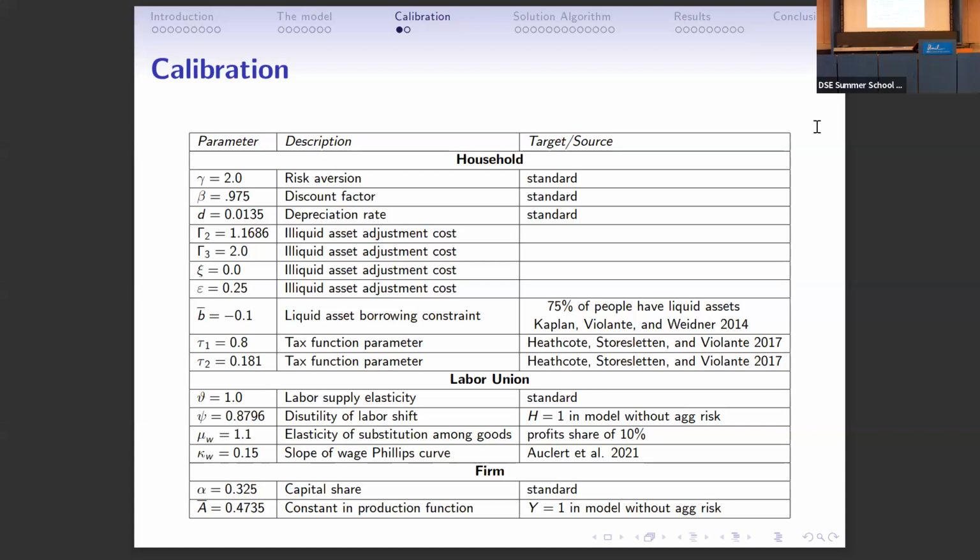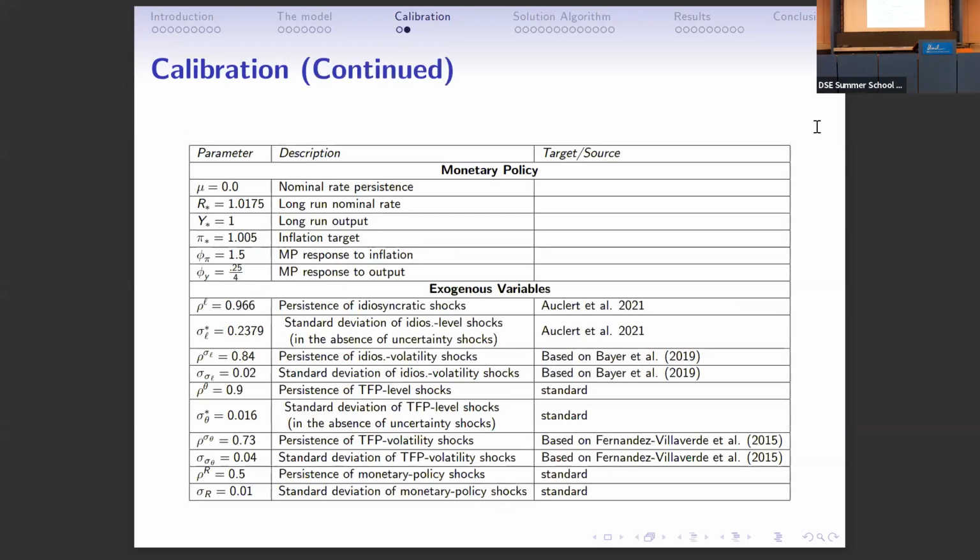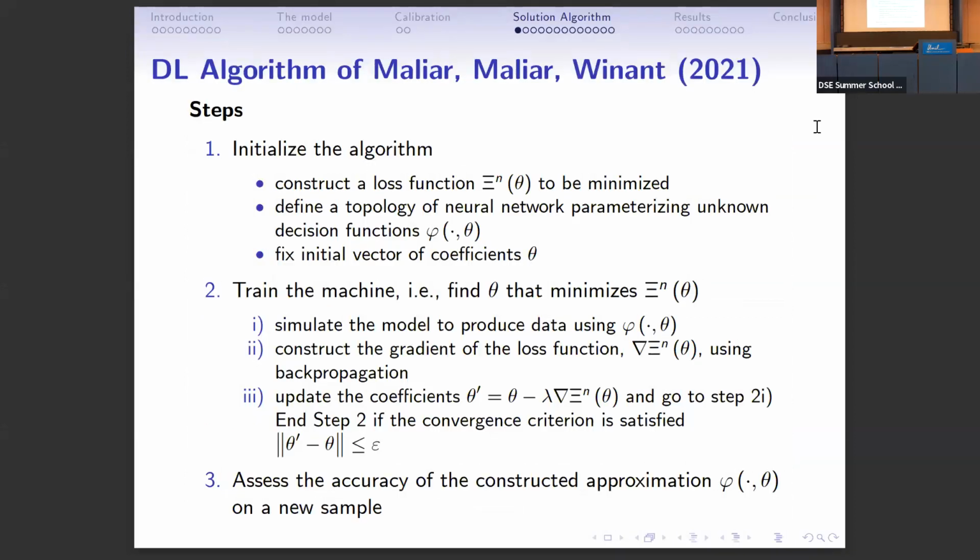We use mostly standard parameters, for example, for the tax function from this fiscal paper. And then, as I said, for idiosyncratic shocks, for the level type of shock, we use Auclert et al. For the volatility shock, we use the paper by Bayer et al. And then for the TFP volatility shock, we use Fernandez-Villaverde et al.